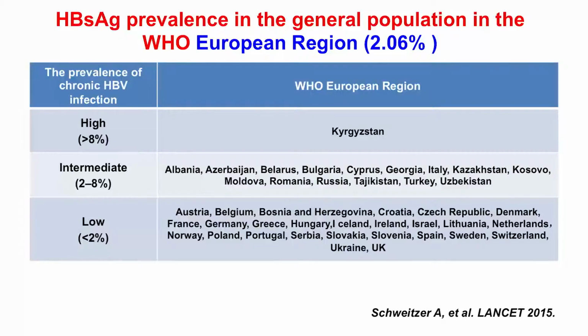Now, first we look at the European countries. In these regions, in general, around 2% of the population are positive for surface antigen. Even among this, there are high prevalence areas, intermediate, and then most of them, of course, low prevalence, less than 2% of the total population.